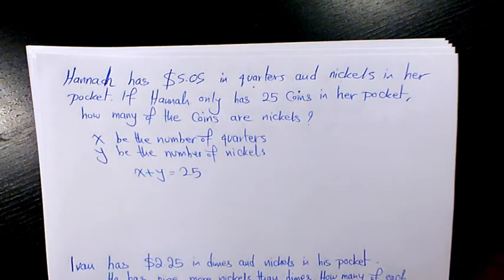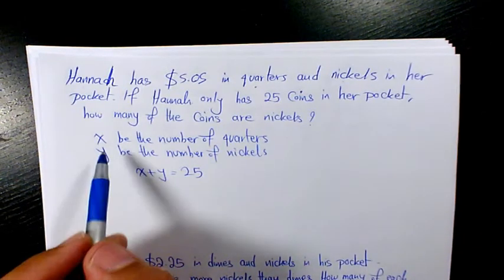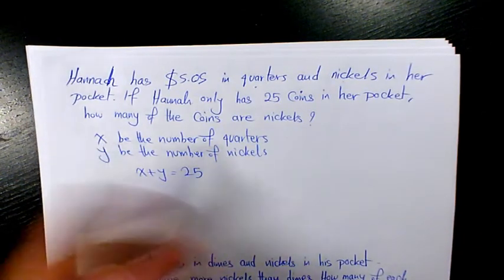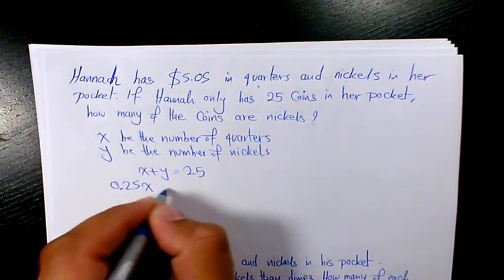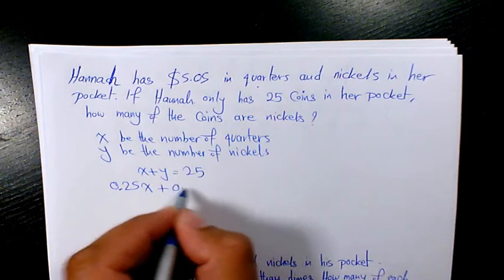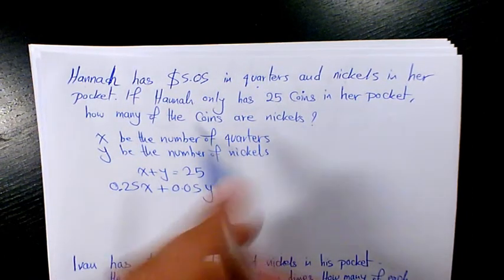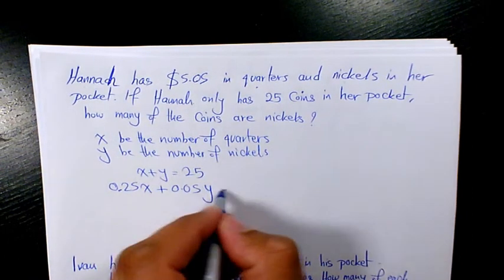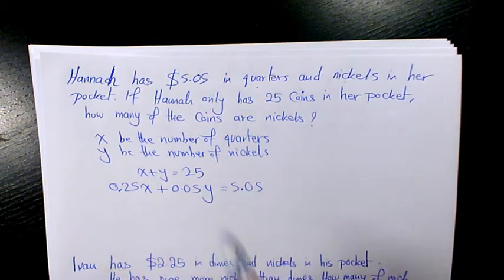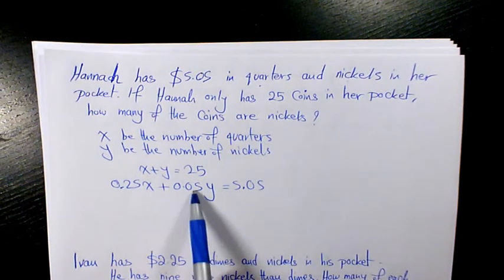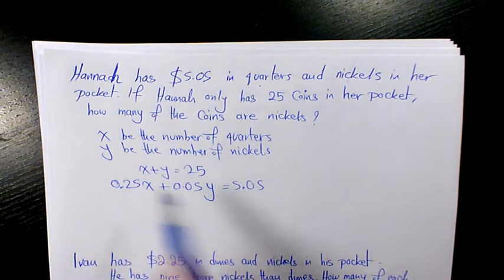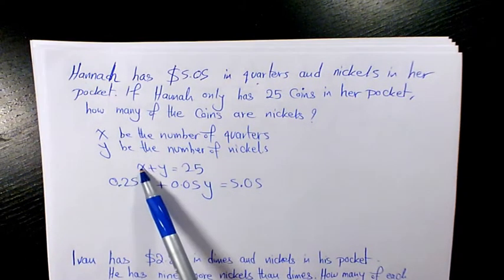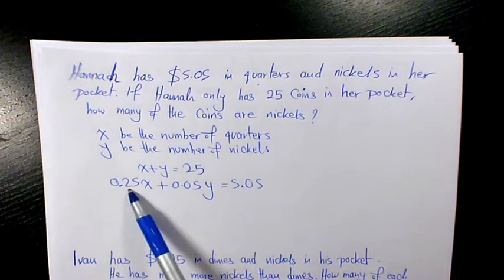And price wise, a quarter is 25 cents, so 0.25 X plus 0.05 dollars Y, because the total is in dollars, so we need to keep it in dollars. So 0.25 X plus 0.05 Y equals 5.05. So number of coin, number of coin, number of coin, dollar, dollar, dollar.